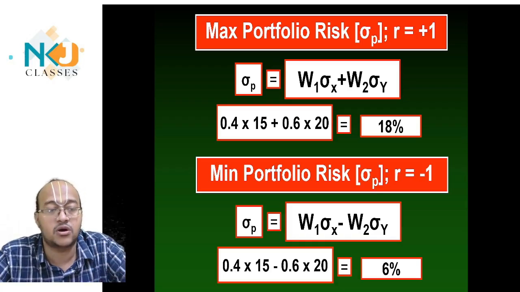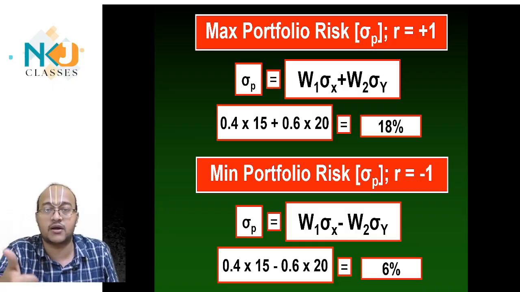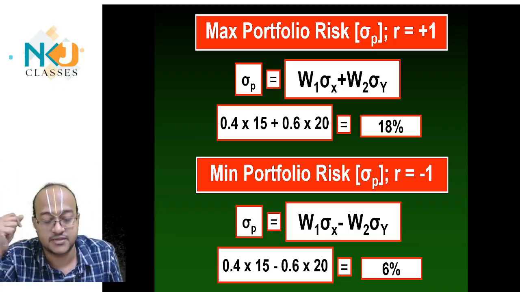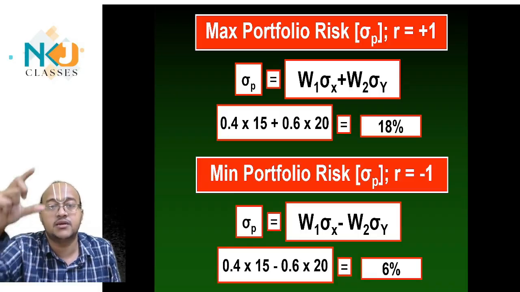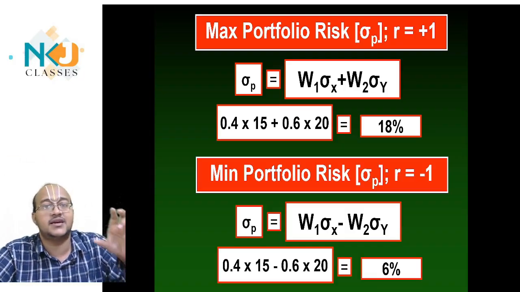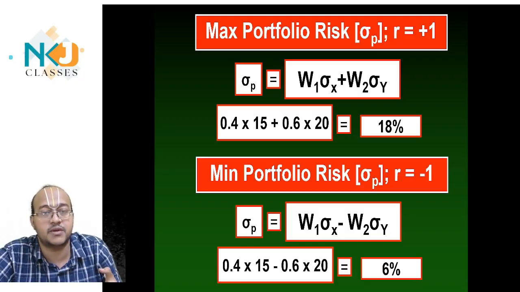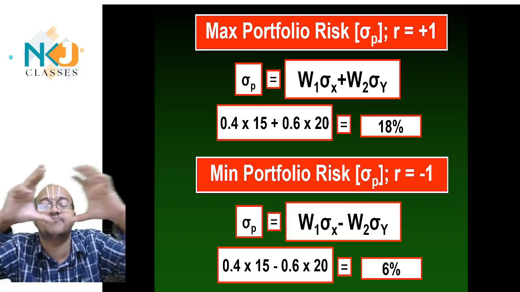Why? Because risk itself denotes the variation. Variation from what? Variation from the mean return. This 6% is risk, and how are you computing it? Variation from the mean return. If it is reducing 6% from the mean or increasing 6% from the mean, it doesn't matter; it is varying from the mean.